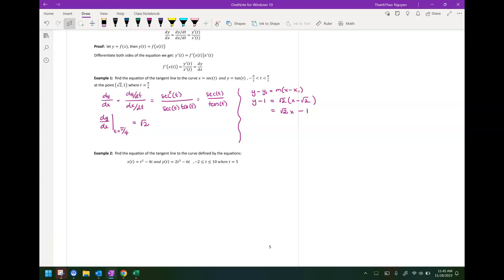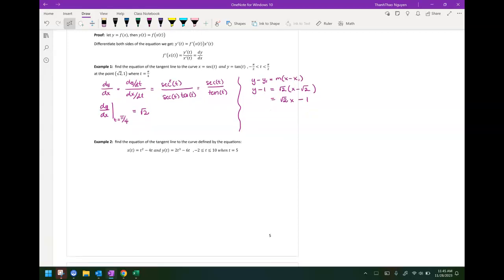So again, let's go ahead and find the slope of the tangent line. dy/dt equals 6t squared minus 6, divided by, this is dy/dx, 2t minus 4. We will evaluate this at t equal 5 and we get 24.